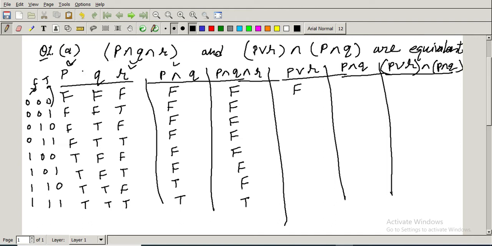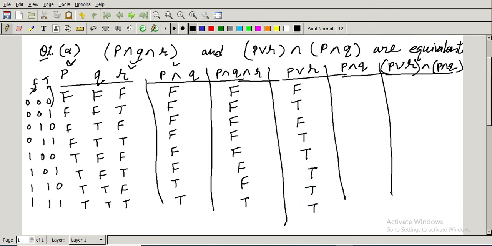So here we have false and false, it will be false. Then false, true will be true. Then again false, false, false, false, false, false, true will be true, true false will be true, true true will be true, then true false is true, and then true true is true.